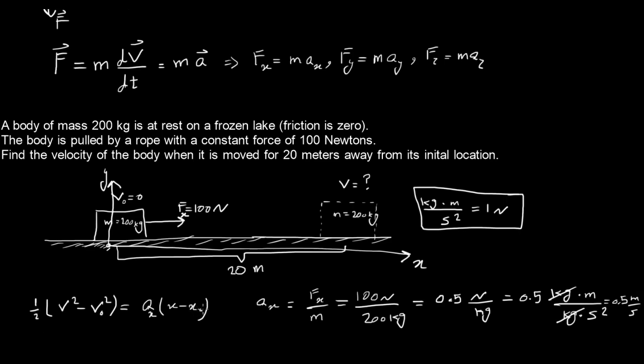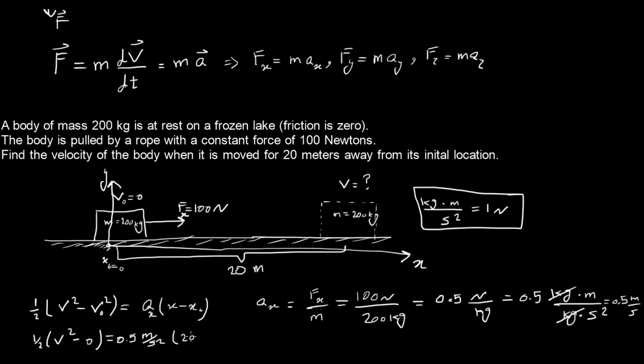Now let's insert everything into this equation. Half V squared, I don't know, I need to find that, but I know V naught is 0, equals ax, which is 0.5 meters per second squared, times x minus x naught. So if this is x naught, which is 0, this is x, which is 20 meters.